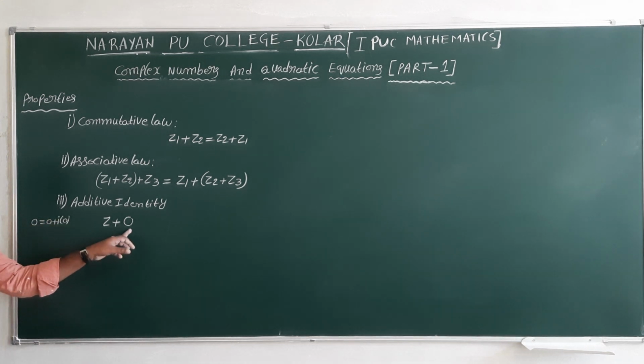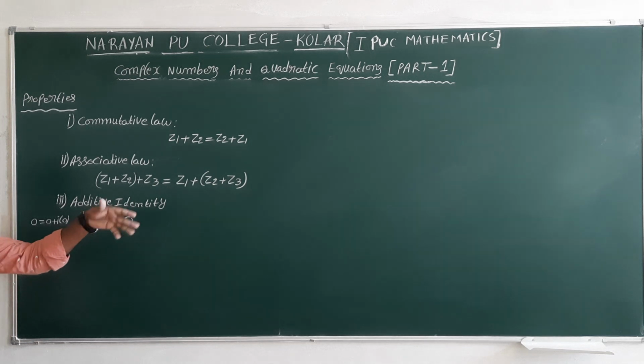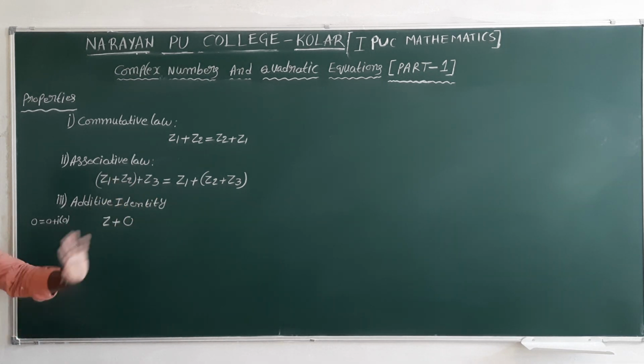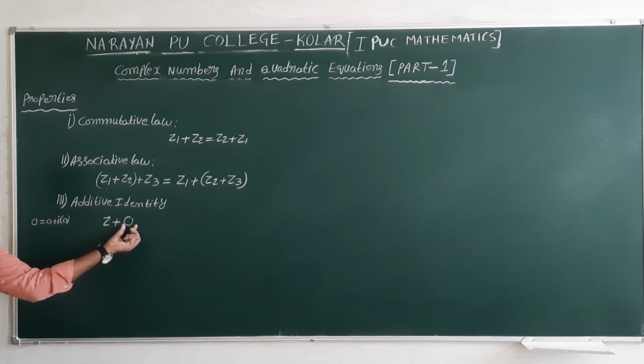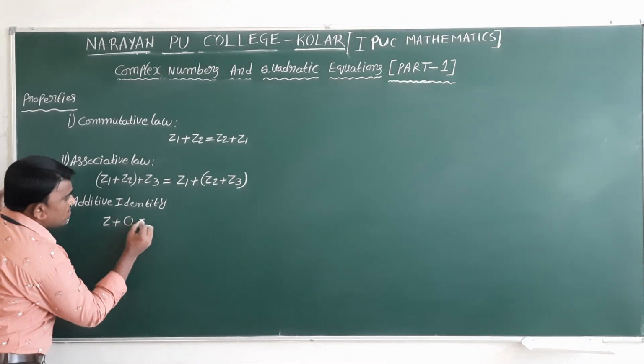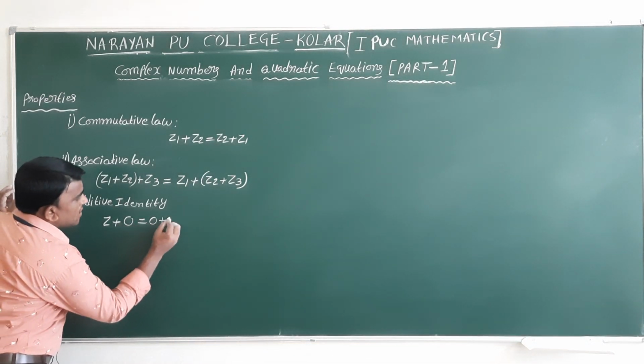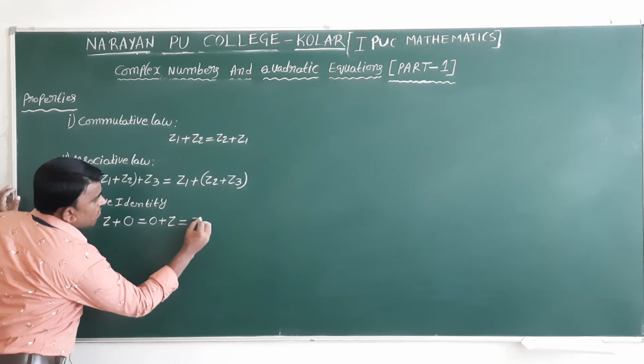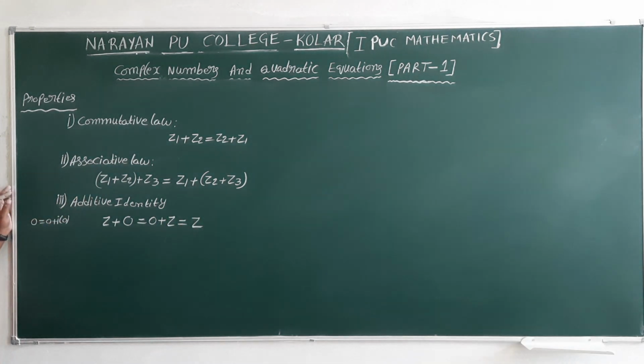Don't read it as zero; it is O, one type of complex number. It's not a real number, this is a complex number. Z + O = O + Z = Z, we get the same result, Z only.